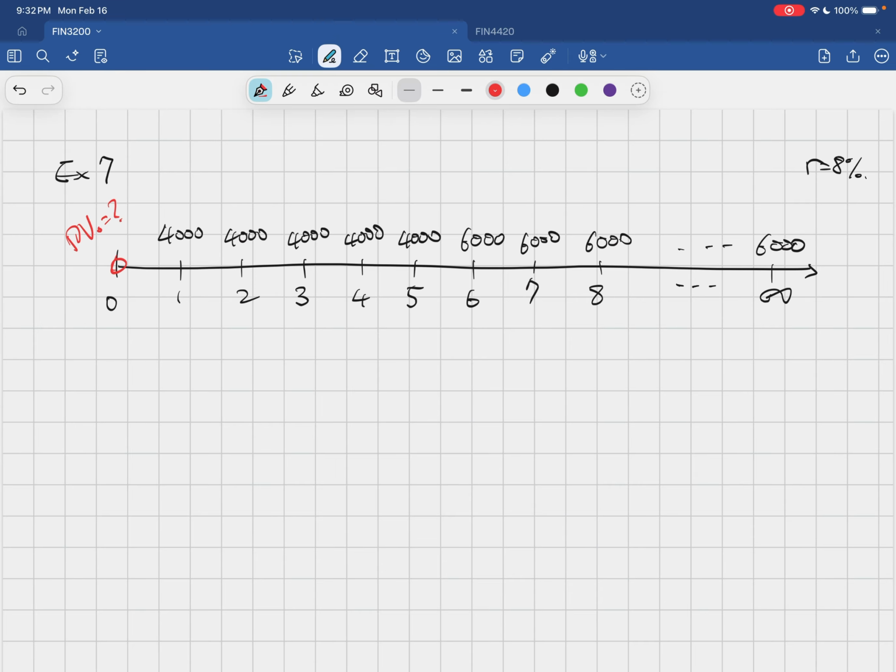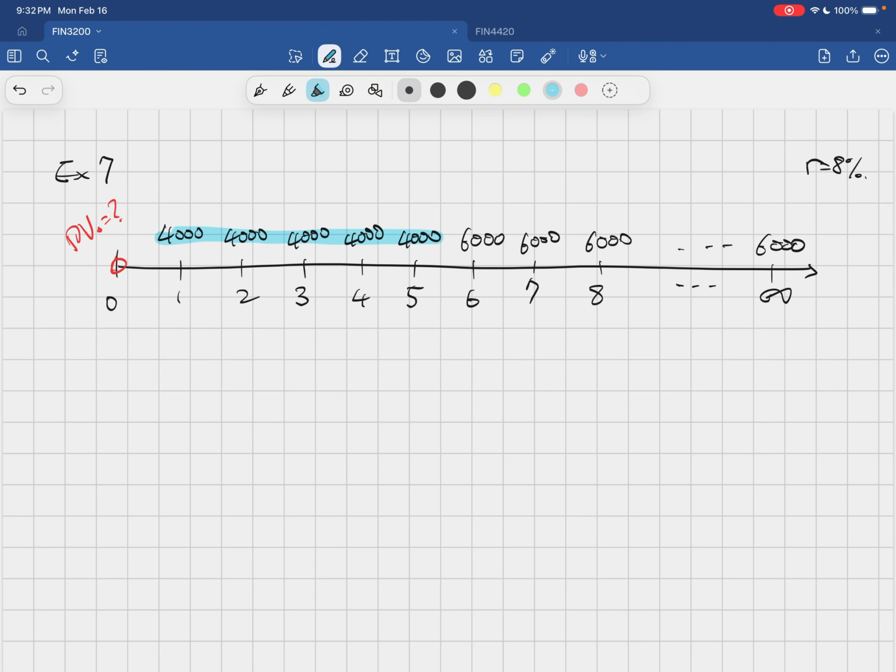The first thing we do in multiple cash flow problems is recognize what type of cash flow pattern we're working with. Here we have two different patterns. The first one I'll highlight in light blue.